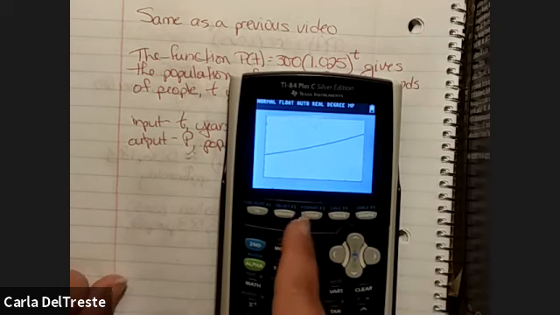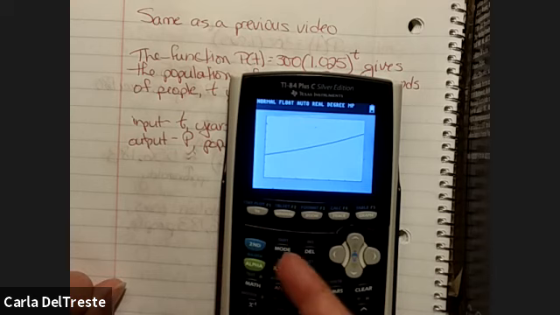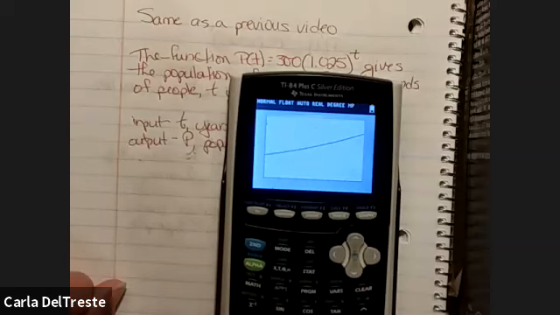So now we can actually use this picture to answer some of the questions that we were asked in that previous video. One of the questions was, find the population in 2005. 2005 is 25 years from 1980. So I want to know what happens when the input, T, is 25.